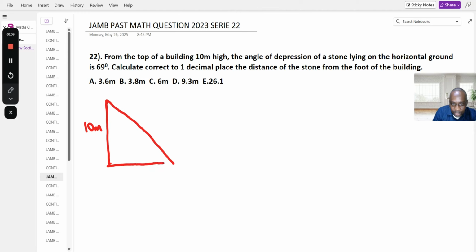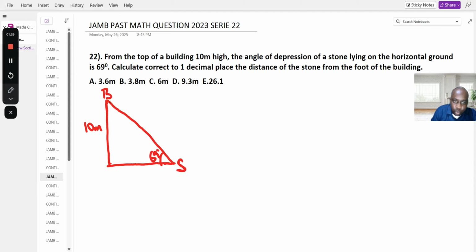Let me join it together. This is the stone, isn't it? The angle of depression of the stone lying on the horizontal forms 69 degrees. This is 69, and this is the building.